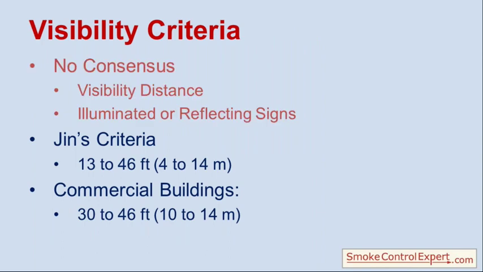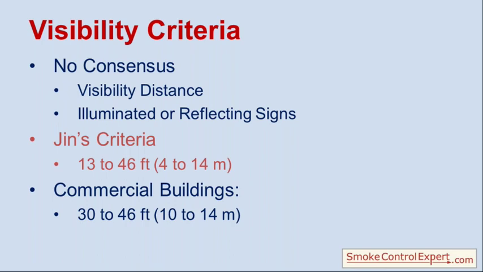There is no consensus for visibility distance and for should we calculate for reflecting signs or illuminated signs. Jin gave criteria on the distance that was 4 to 14 meters.